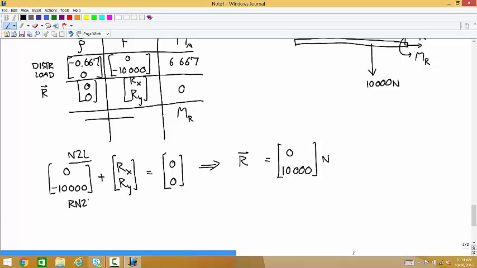And then the moment equation says 6667 plus MR is equal to 0. So that tells us that MR is equal to negative 6667 newton meters.